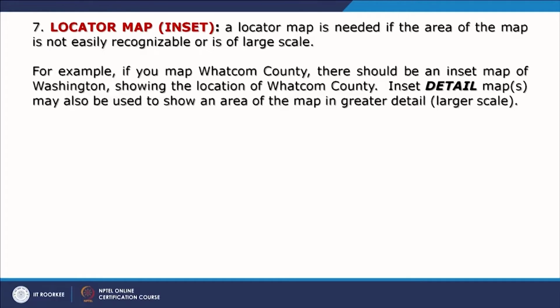So, the projection information should also be there, that this map has been projected to this. Now, another important one: if I have prepared a report, then each map need not have an inset map or locator map, but at least the first map should have a locator map. It will tell us which is my study area, say within India.